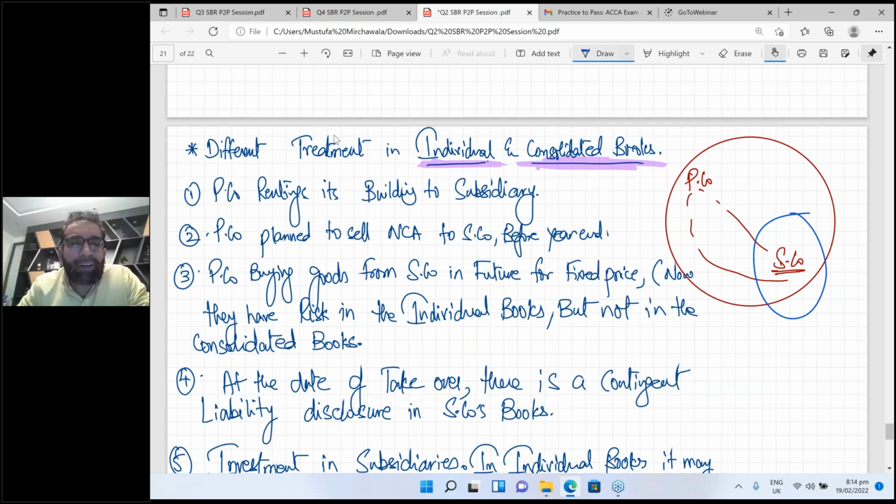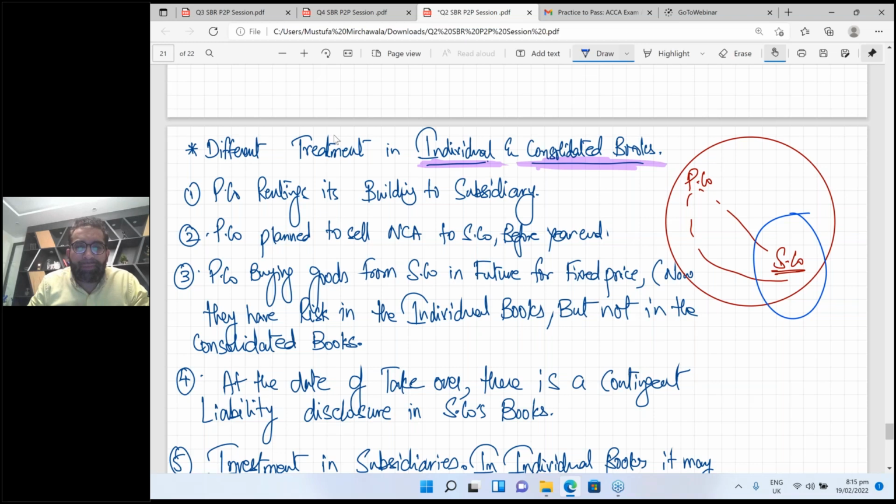If the fair value of that liability is given, then you need to record that liability as a fair value adjustment at acquisition date. Remember, right? So again, there is a difference of treatment. In the individual books of S company, it's a disclosure. But for the group accounting purpose, you need to recognize certain contingent liabilities, yes, if the fair value of that liability is available.